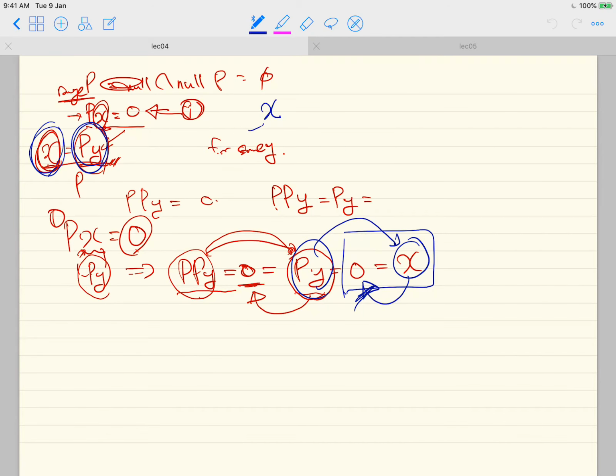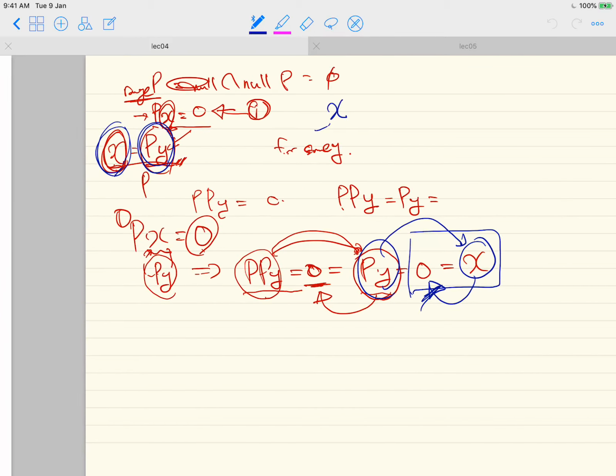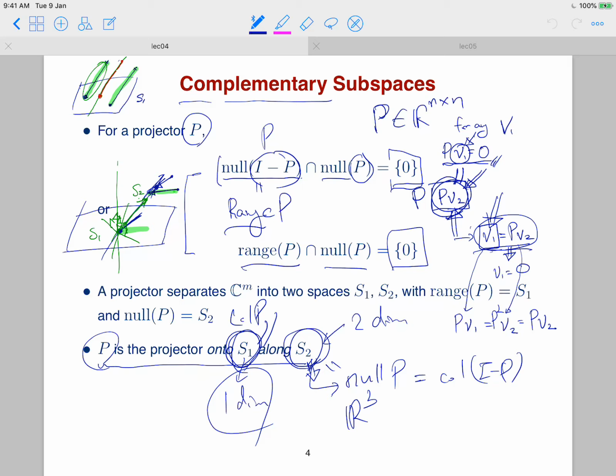Questions? So we proved that there is no overlapping, but the fundamental point that I was confused about was that given an arbitrary matrix P, we are just assuming any arbitrary matrix, and then its range and the null space look like they could have an overlap between these two.